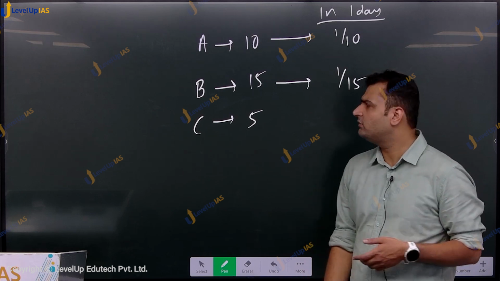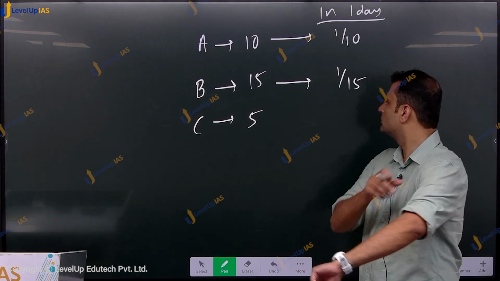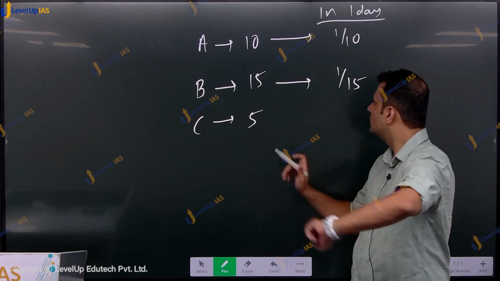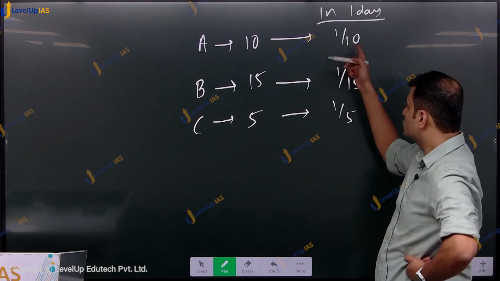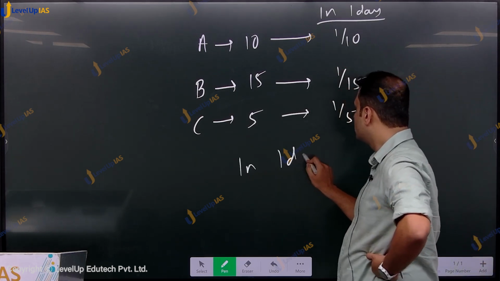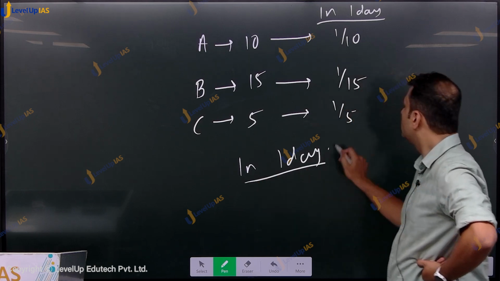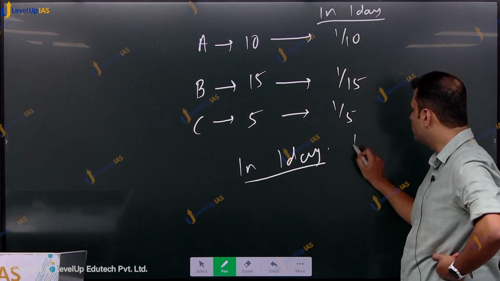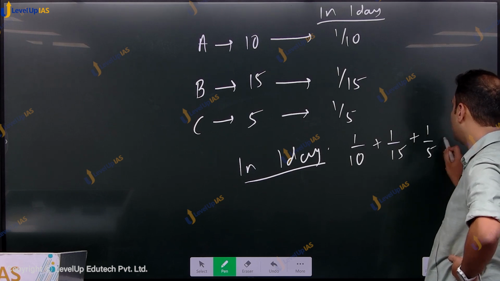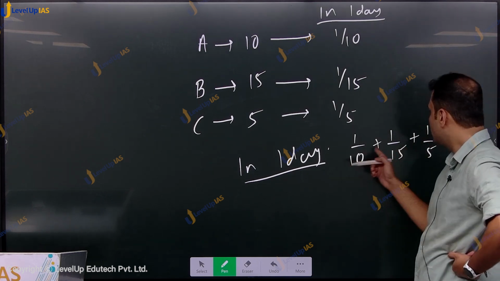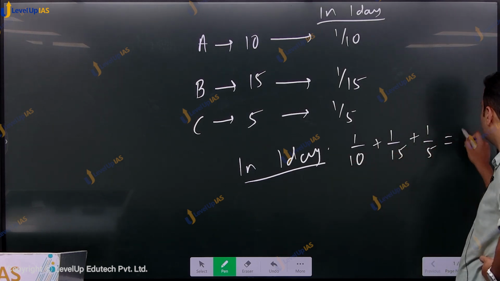If C finishes in 5 days, then C will do 1/5 of the work in one day. So in one day, together they will do 1 by 10 plus 1 by 15 plus 1 by 5 work. Again the LCM is 30.